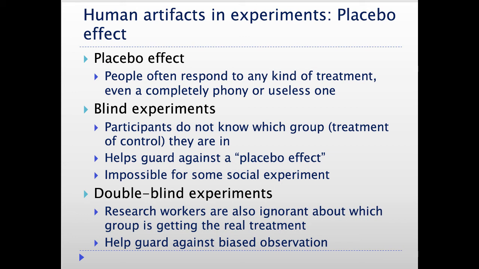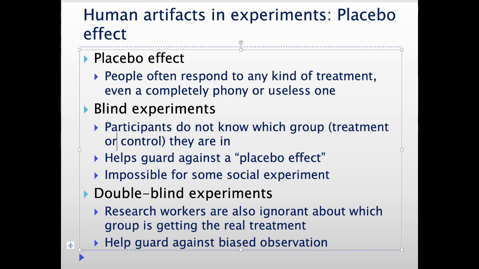So the ideal is blind experiments where participants don't know which group they're in, the treatment or control, I should say, or control. And that reduces the placebo effect because both groups think they might be getting something. But for some social experiments, that's impossible. Like, do you know whether you had job training or not?